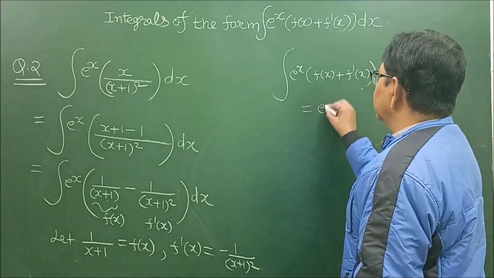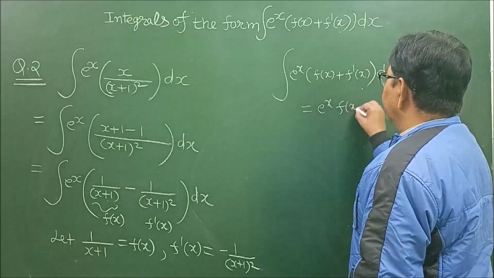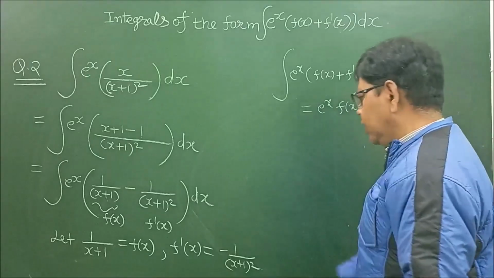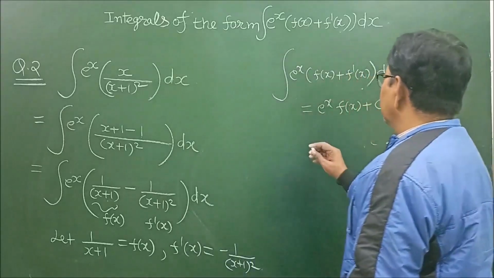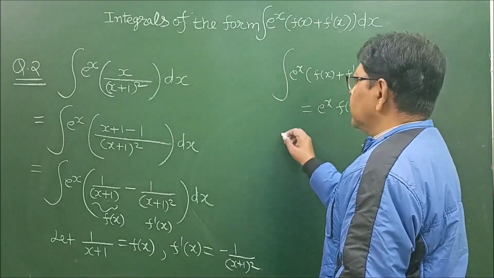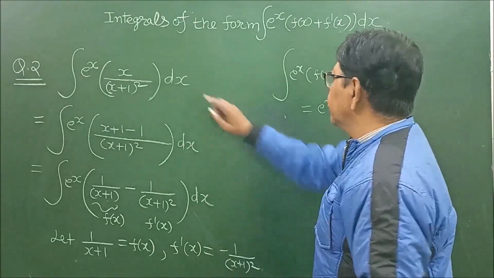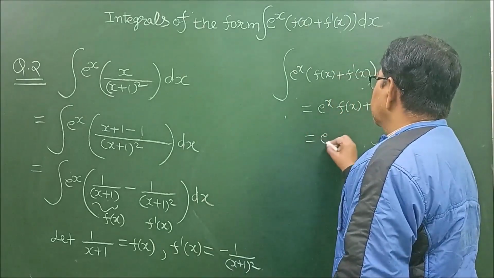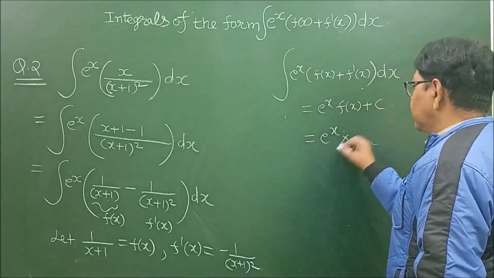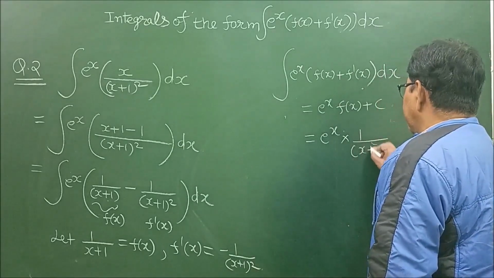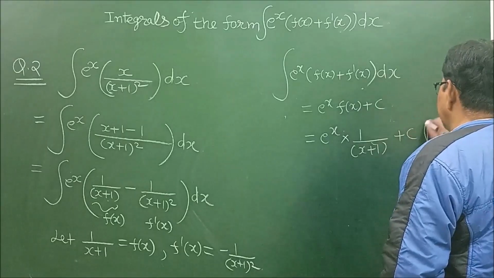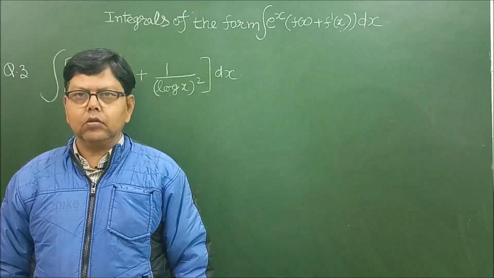So this is equal to e^x f(x) + c, and here the function f(x) is equal to 1/(x + 1). So the final answer of this question is e^x into the value of f(x), 1/(x + 1), plus c. So this is the final answer of this.